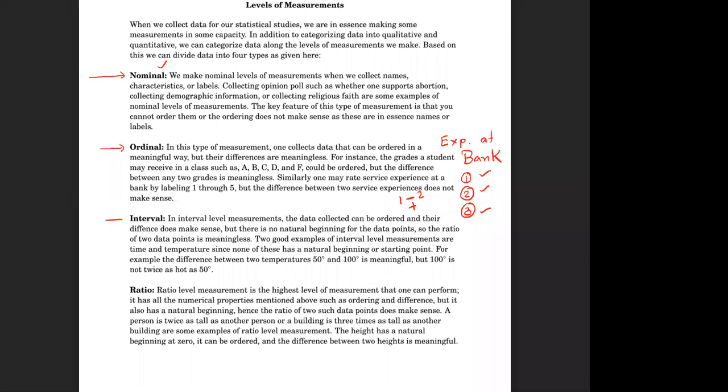Now, interval level of measurement would be collecting data such that not only can you order it, but also you can add or subtract. It makes sense. Two examples of these would be time, a very common example, and temperature.